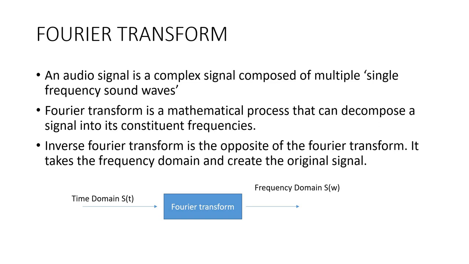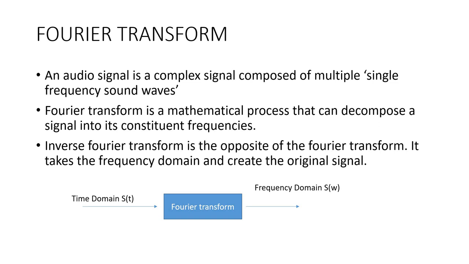An audio signal is a complex signal composed of multiple single frequency sound waves. When you talk about an audio signal, it consists of a lot of small signals, multiple single frequency sound waves.